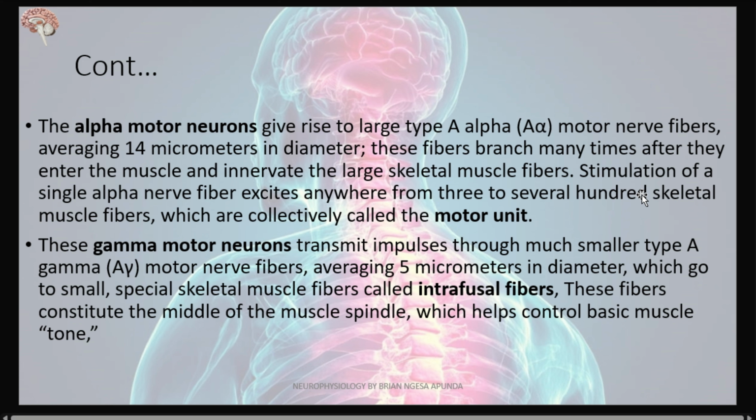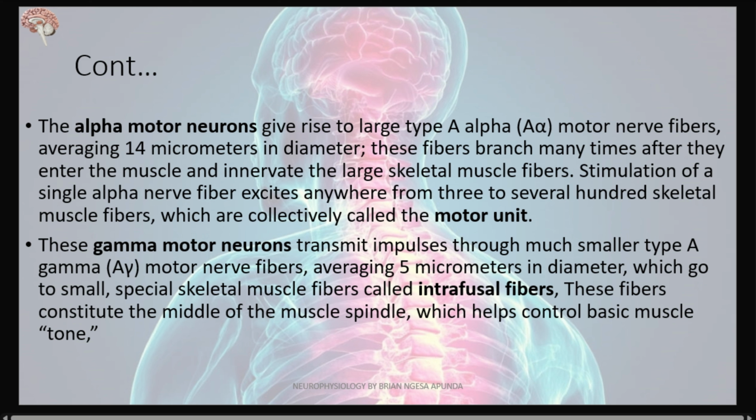The alpha motor neurons give rise to large type A alpha motor nerve fibers averaging around 14 micrometers in diameter. These fibers branch many times after they enter the muscles and innervate the large skeletal muscle fibers. They are likely to stimulate a wide area: stimulation of a single alpha nerve fiber excites anywhere from around 3 to several hundred skeletal muscle fibers, which are collectively known as the motor unit.